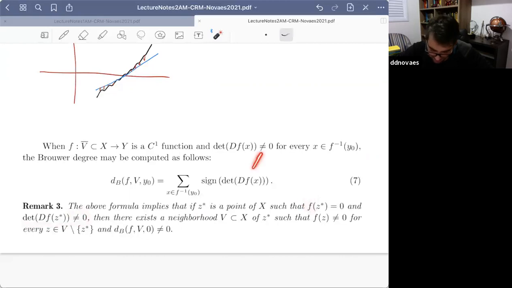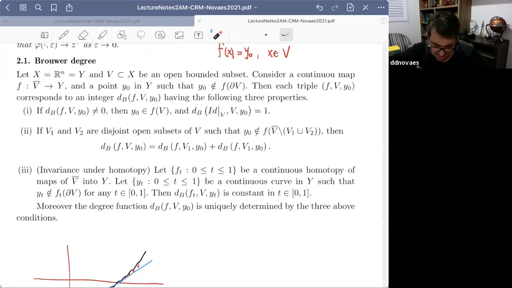Then we can apply this formula, because the sum is just the determinant, in order to obtain that there exists an isolating neighborhood of z star such that the Brouwer degree is distinct from 0.